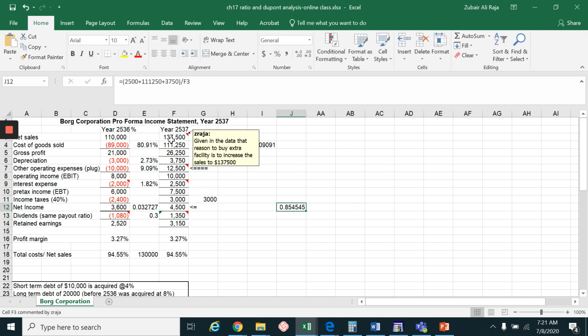But remember, it has one element missing. Can you pause and see what that element is?